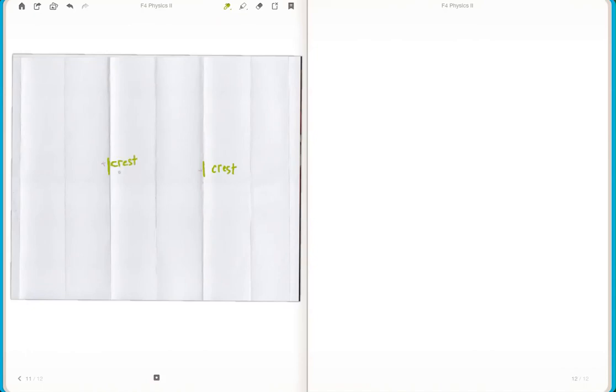Okay, the distance on the piece of paper, distance here to here, is called lambda, wavelength. And the trough, this is the trough, down to down. This one here is also lambda.